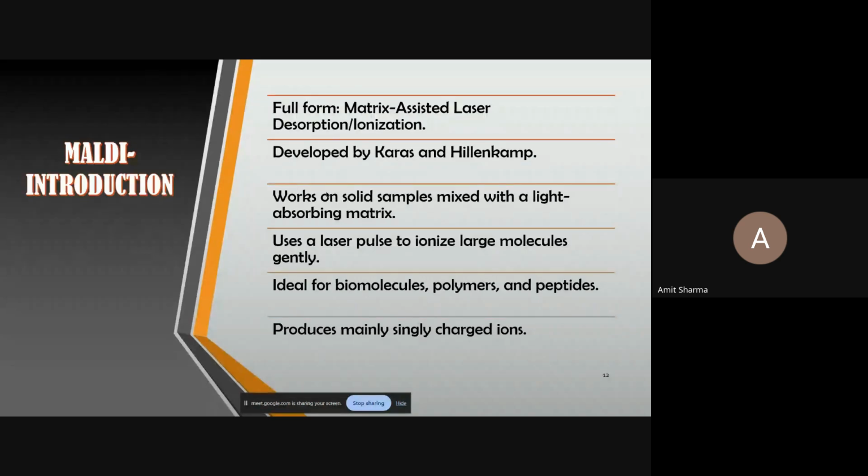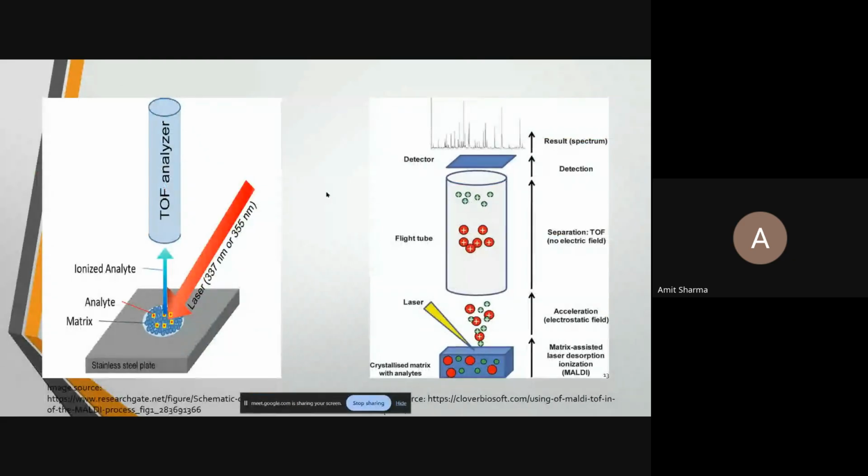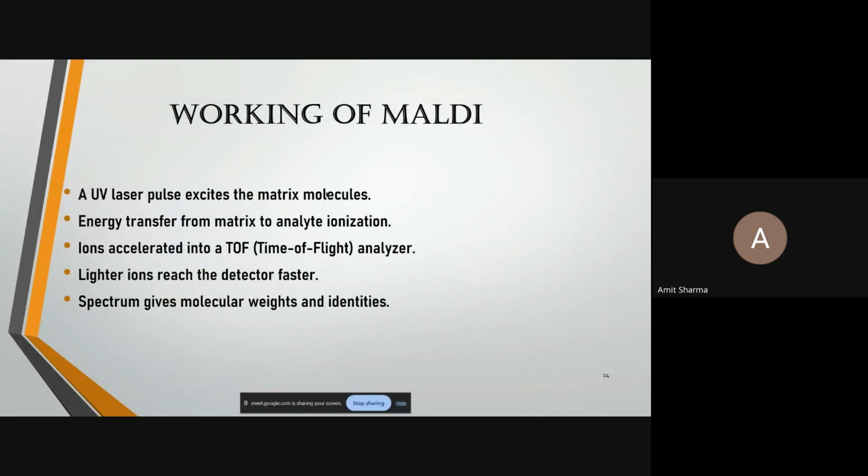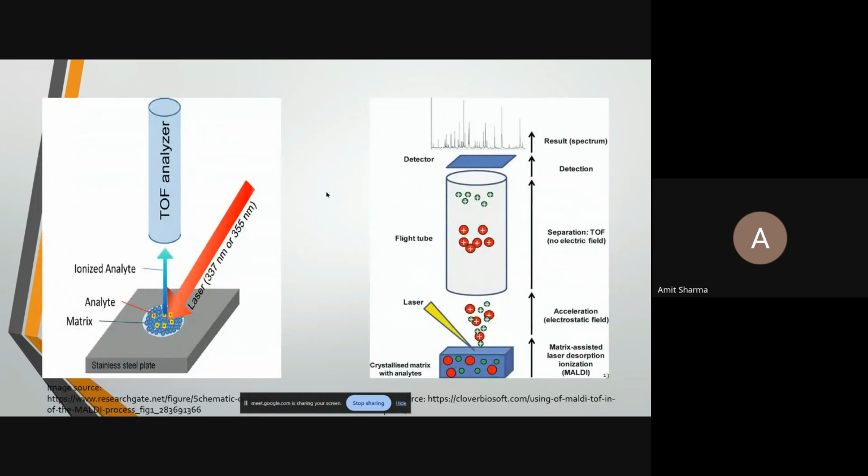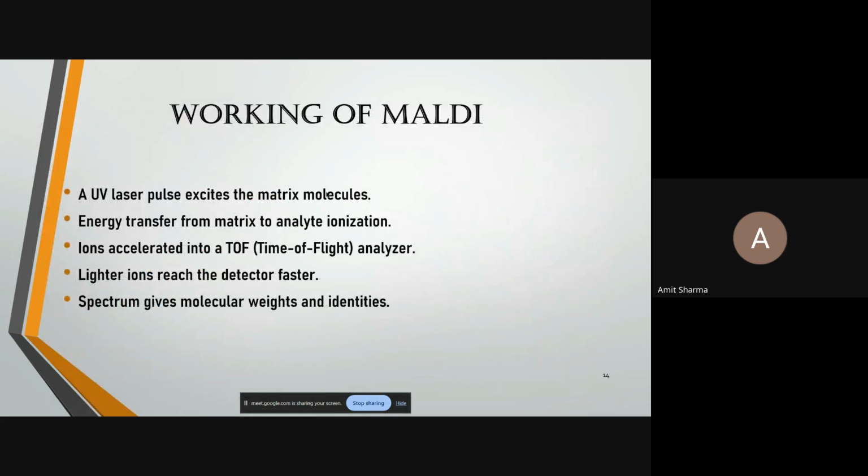So now let us look at the working principle of MALDI. These are the working principles of MALDI, and these are the images of a basic MALDI. First, a UV laser pulse excites the matrix molecules and energy is transferred from matrix to analyte, causing ionization.